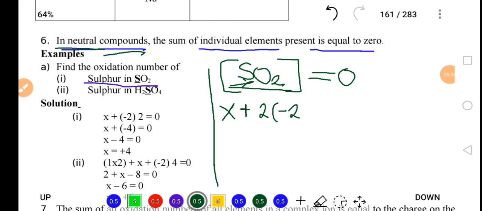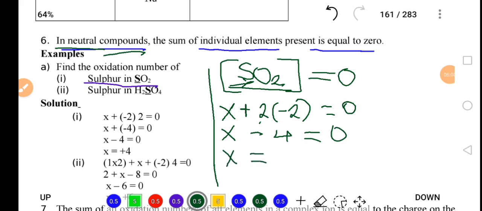The valence of oxygen is -2, equals 0. We are looking for X. X + 2 times -2 will get -4 equals 0. X equals, we transpose this -4, we are going to get +4, and this is the oxidation number of sulfur in sulfur dioxide.